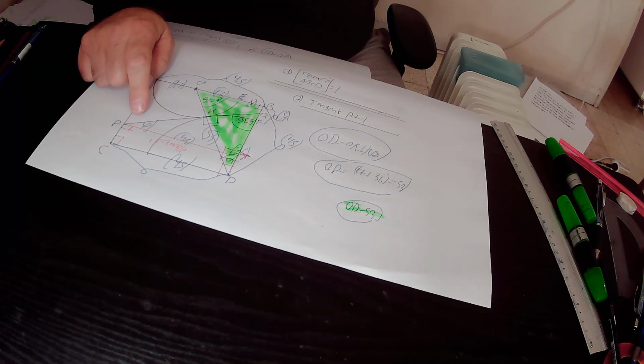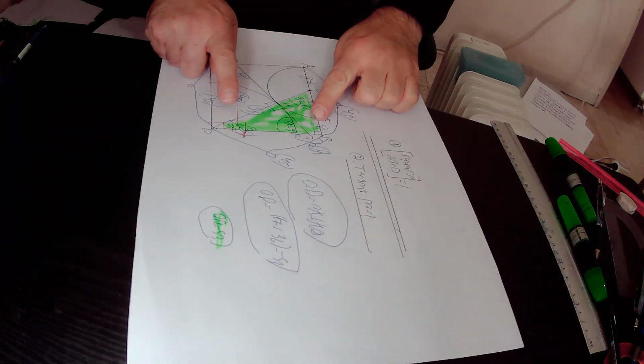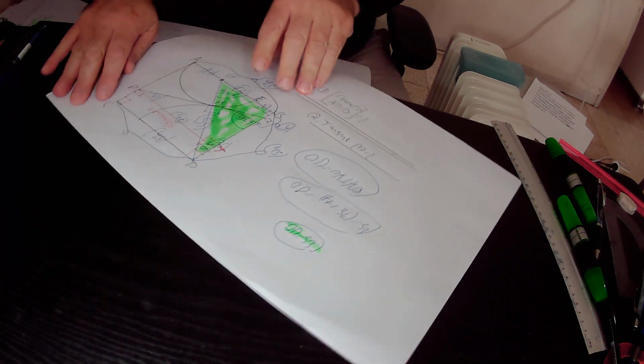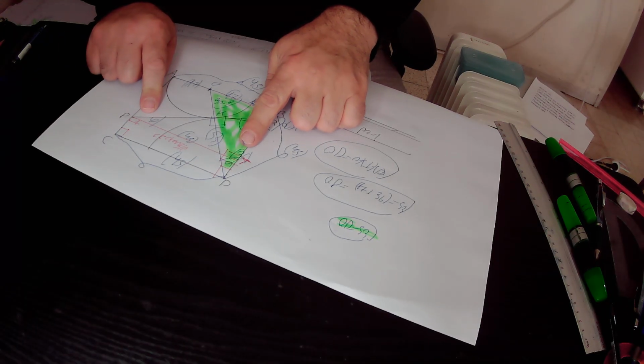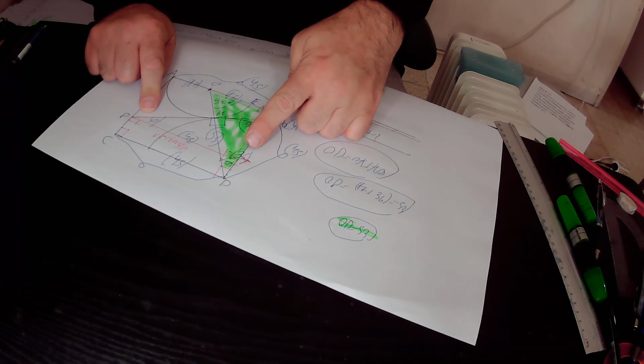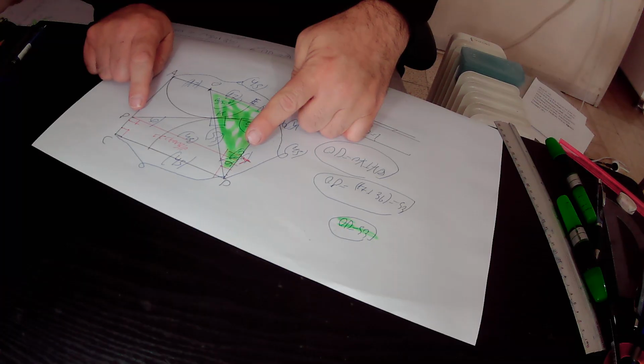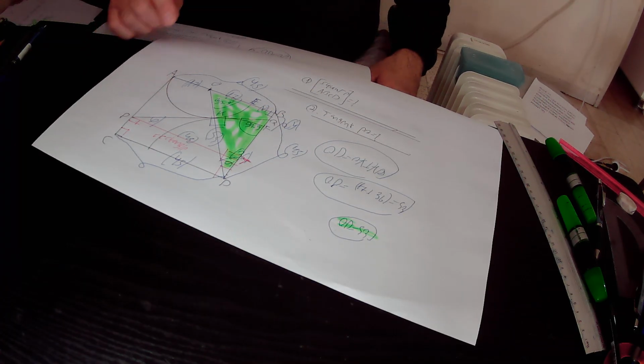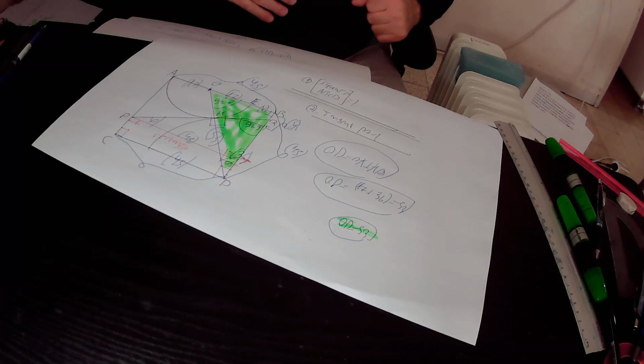Therefore, those two right triangles are congruent according to the angle-side-angle rule.